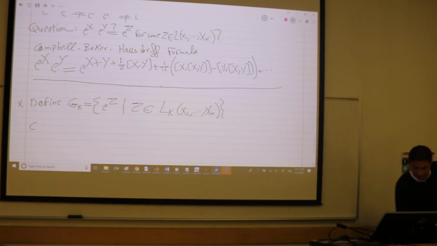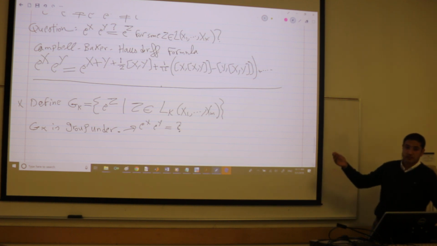So the claim is actually that Gk is a group under multiplication. And you can show it very easily. How are you going to show it's a group under multiplication? Whenever you multiply two elements in the group, you get an element in the group, which means exponential of something. Is this true? Yes.